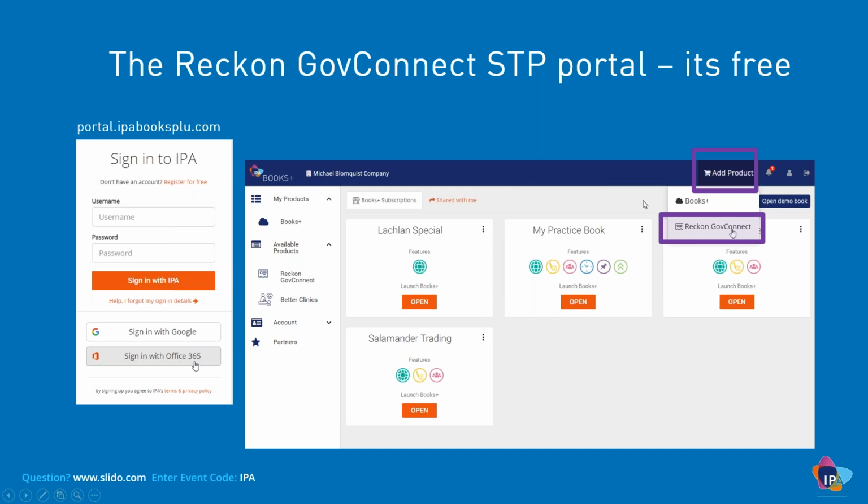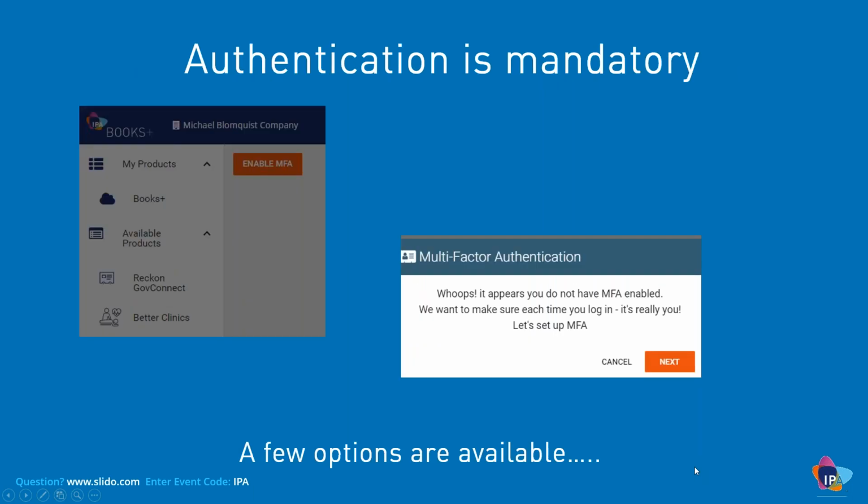To set that up for yourself, just click on Add Products in the top right and click on Reckon GovConnect. Setting this up, of course, is for free. The first step it'll push you through is to set up multi-factor authentication. Unfortunately, the ATO has mandated that every user of the system must be independently authenticated before using it.